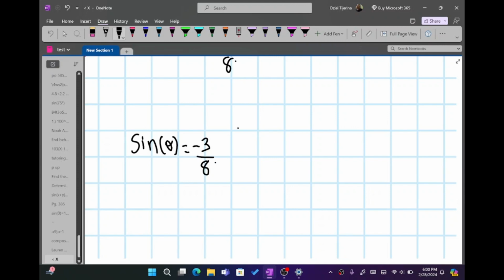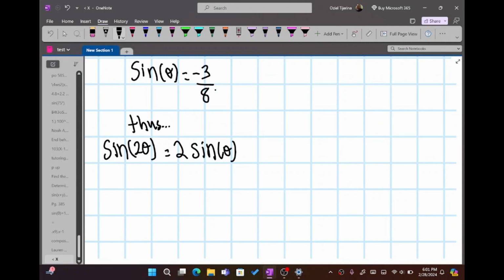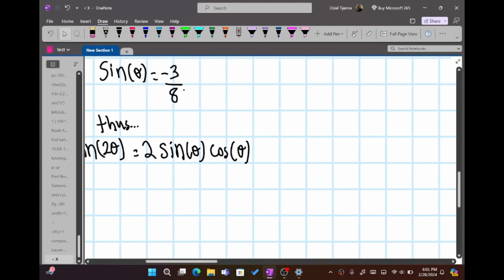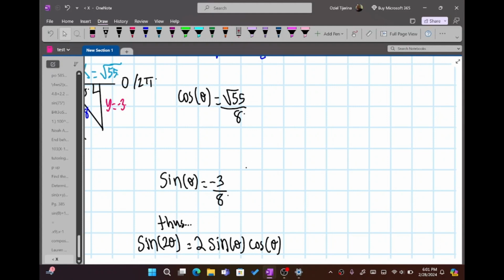So thus sine of 2 theta we know is 2 sine theta cosine theta. And then we're gonna go ahead and do, so we know that again we have these two things, and then we're gonna say the following.